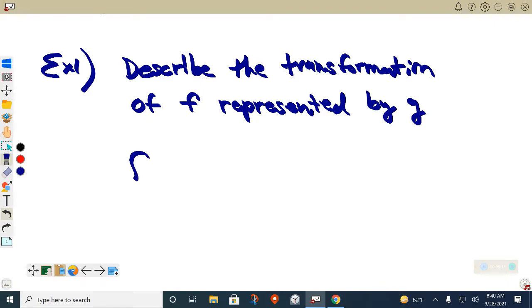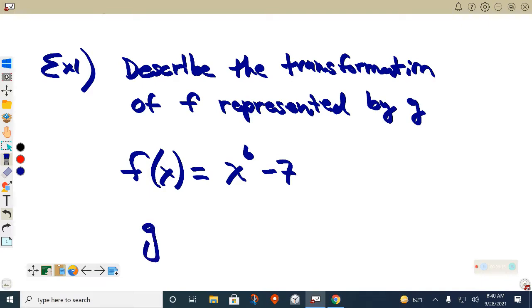So here's f of x equals x to the 6th power minus 7. G of x equals negative x to the 6th minus 2.